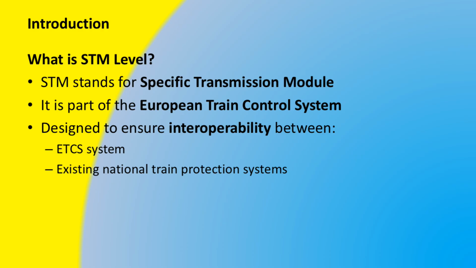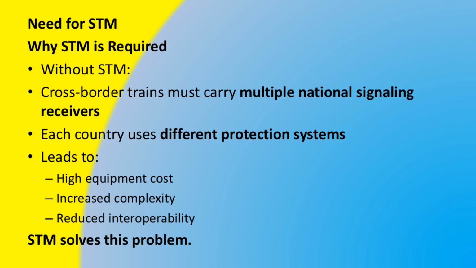Interoperability means that trains should be able to move freely across different countries without changing locomotives or installing multiple signaling systems. With STM, a train equipped with ETCS can safely operate even on tracks that are not equipped with the European system.